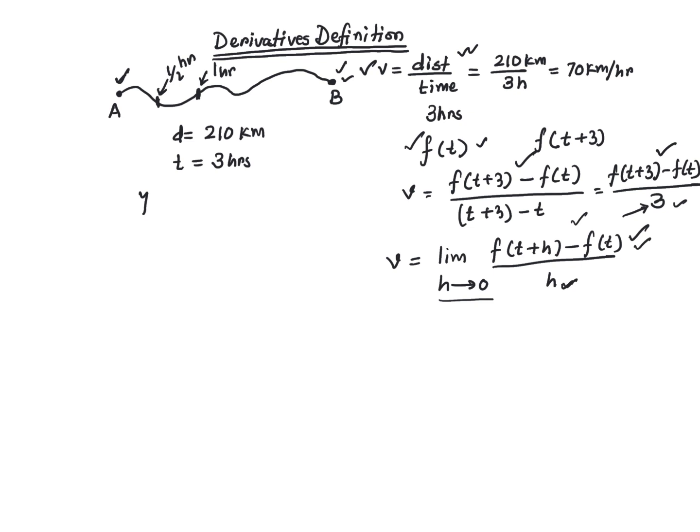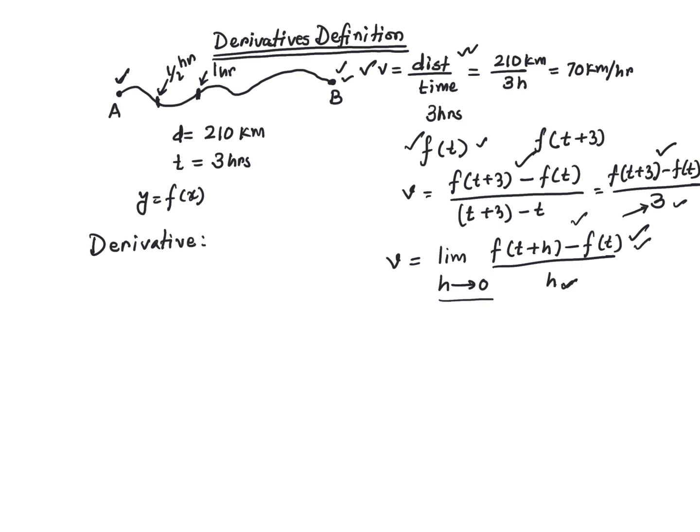So take your function y is equal to f of x, any arbitrary function. The instantaneous change for this function at a particular point could be found. That instantaneous change we call the derivative. The instantaneous change in the value of the function is called the derivative.